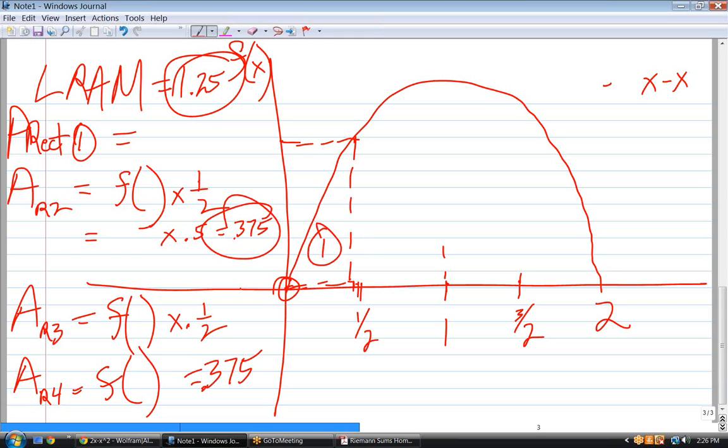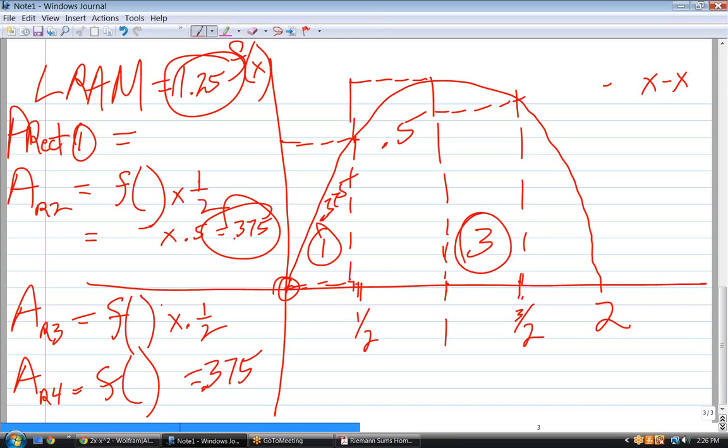Okay, same as the area of rectangle 2 in the other method. Yes. And then this one must be 0.5. And this one's got to be, I think it's got to be the same as rectangle 1, doesn't it?